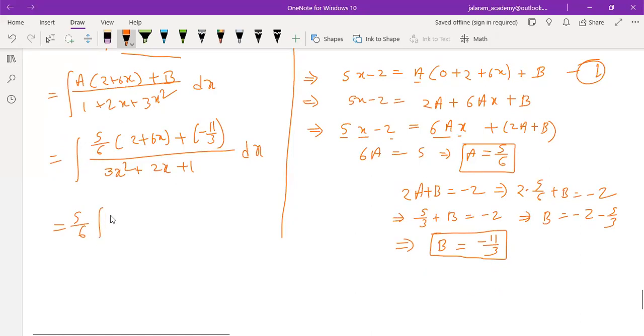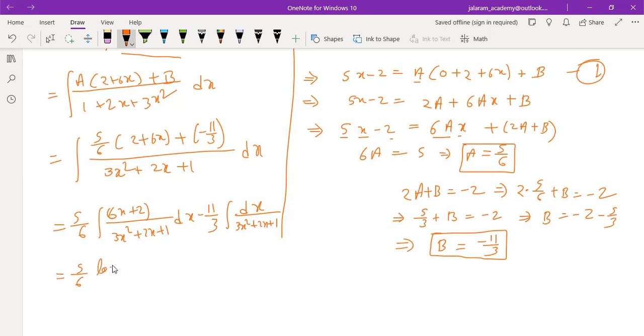So 5 by 6 into 6x plus 2 over 3x square plus 2x plus 1 dx, minus 11 by 3 into dx upon 3x square plus 2x plus 1, equals 5 by 6. We can directly write log of 3x square plus 2x plus 1.